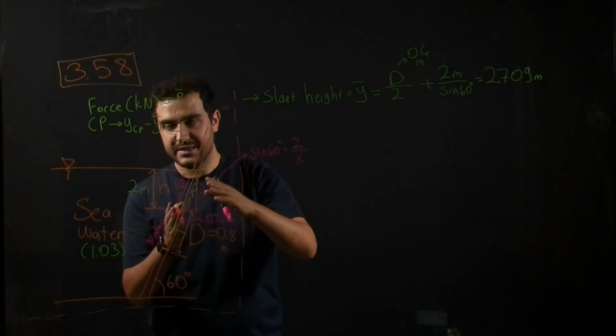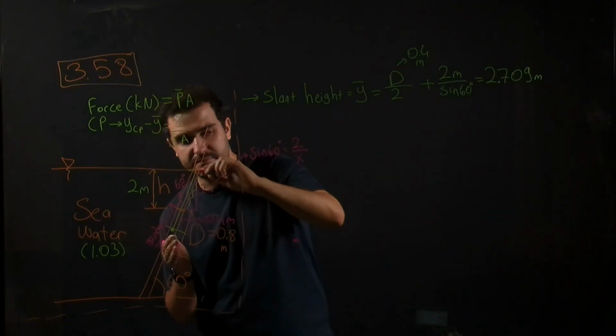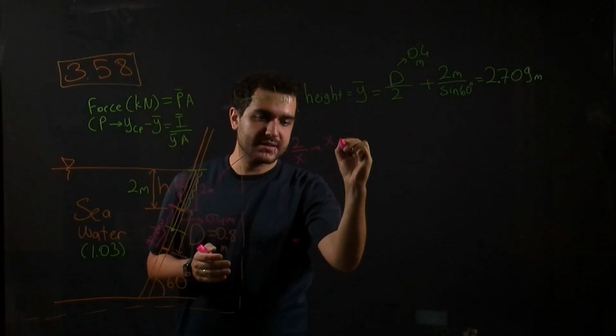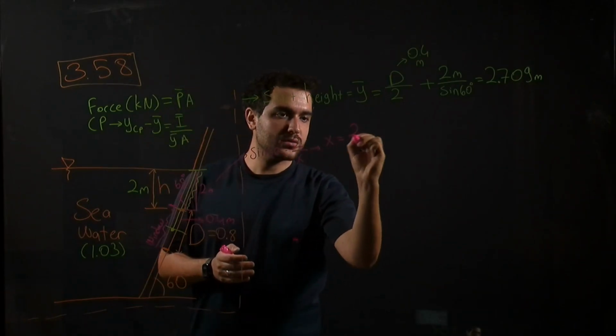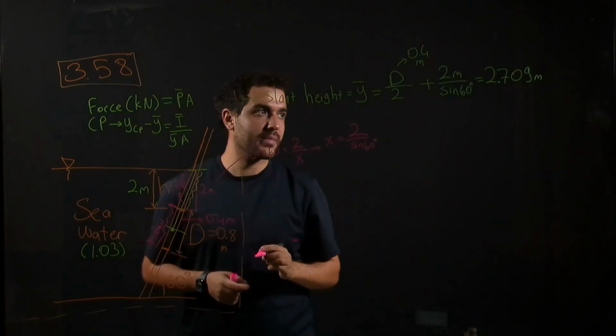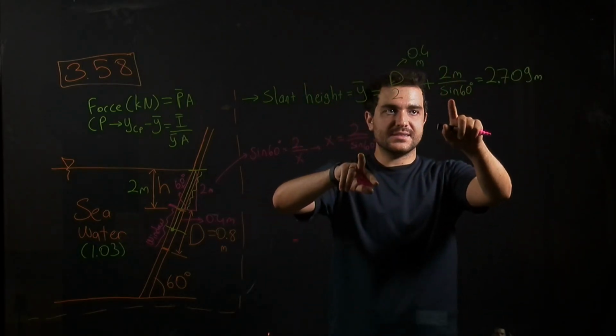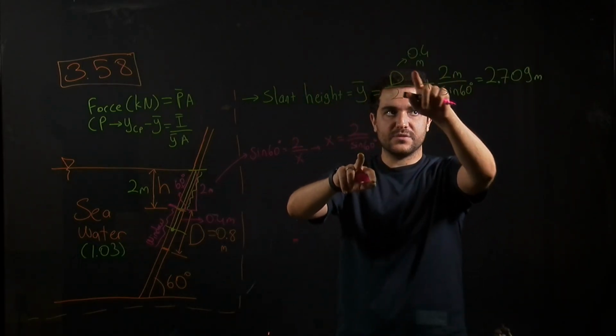I mean, it is slant height from the top of window to the surface. So here x is equal to 2 over sin 60. And as you can see, we have 2 over sin 60, and we have 0.4.